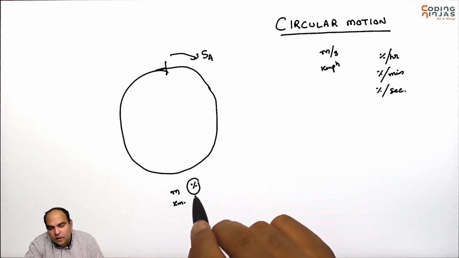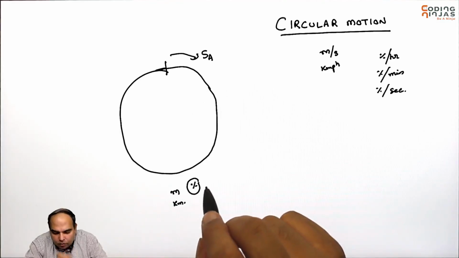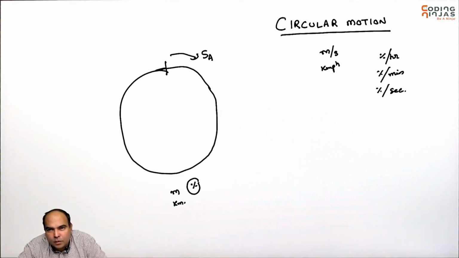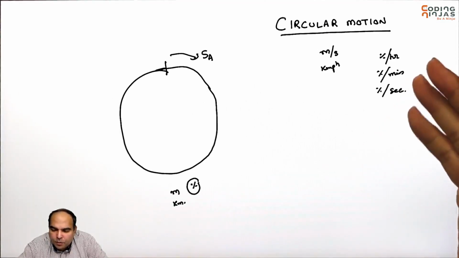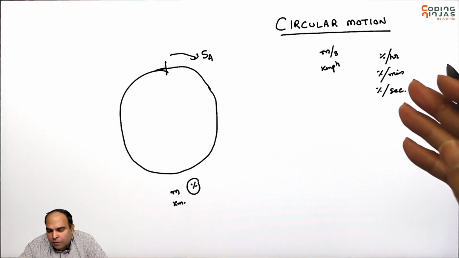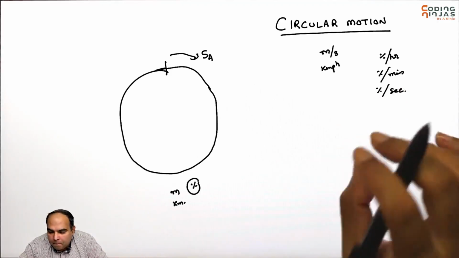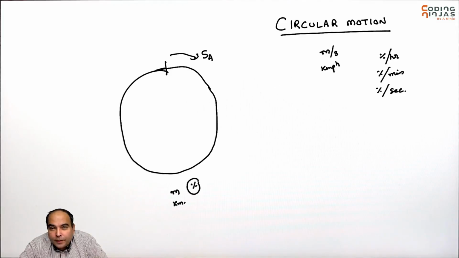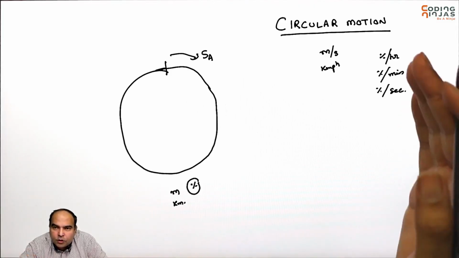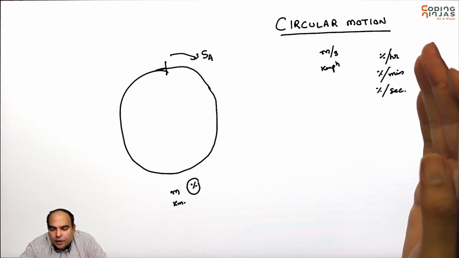If I take the circle as 100%, then I can measure distance in percentage terms, and speed in percentage per unit time.